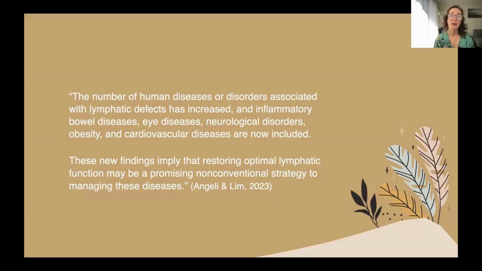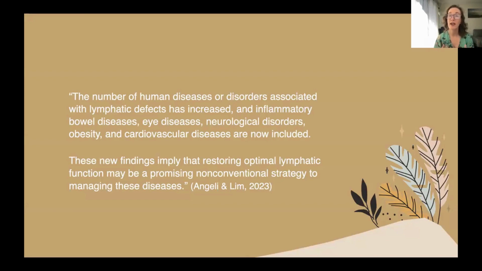The number of human diseases or disorders associated with lymphatic defects has increased, and inflammatory bowel diseases, eye diseases, neurological disorders, obesity, and cardiovascular diseases are now included. And this is from a published research paper. I feel like maybe 10 years ago, it was like, oh, what's the connection between the lymphatic system and all these other diseases?